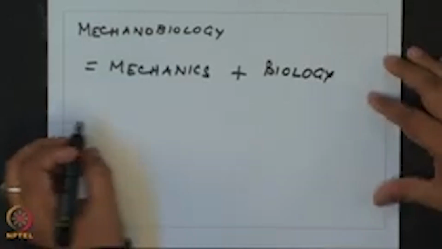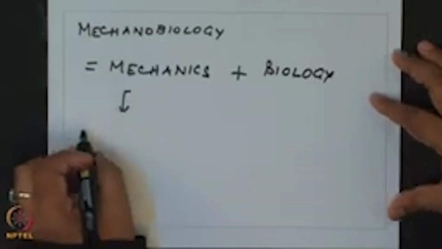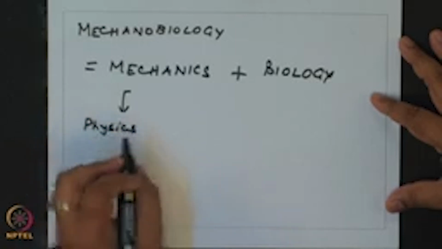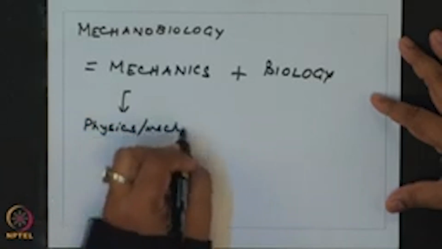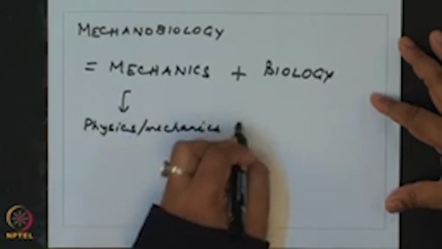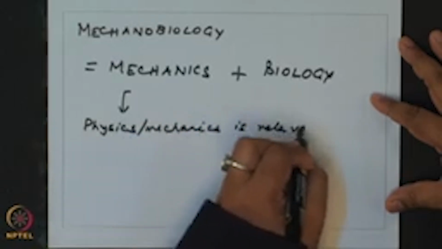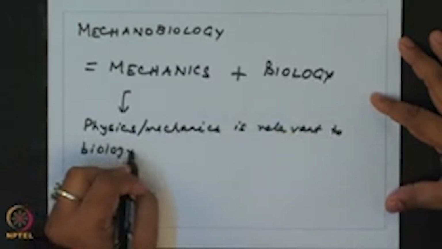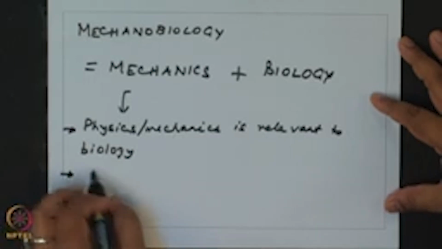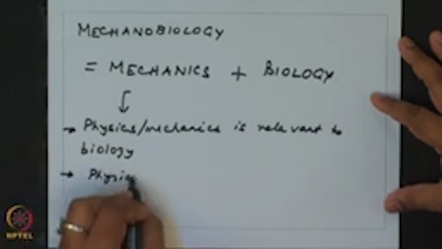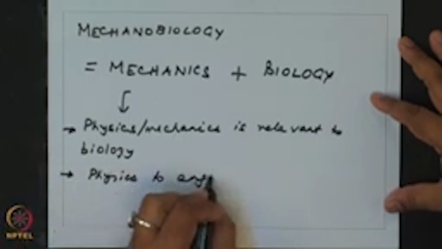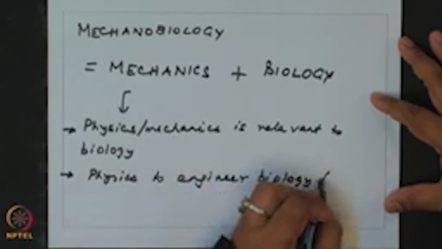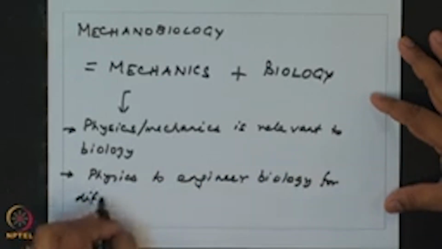So, this might mean an approach where you try to understand how physics or mechanics is relevant to biology, or how you can make use of physics to engineer biology for different applications.